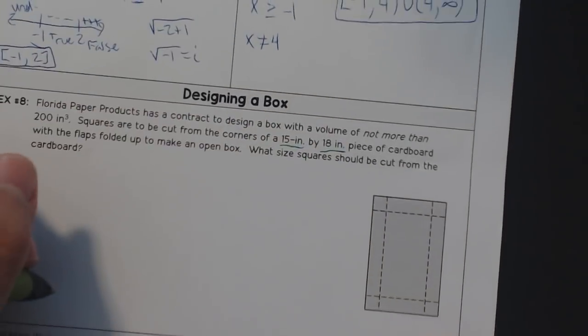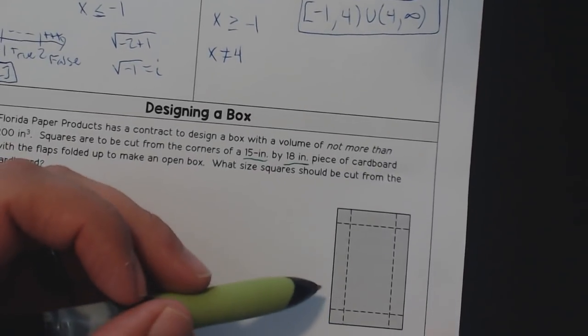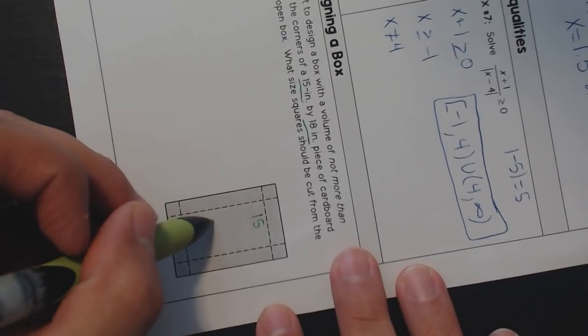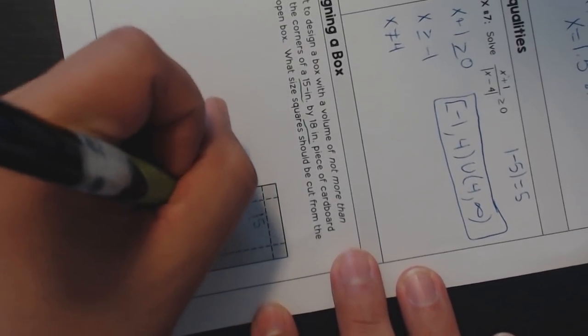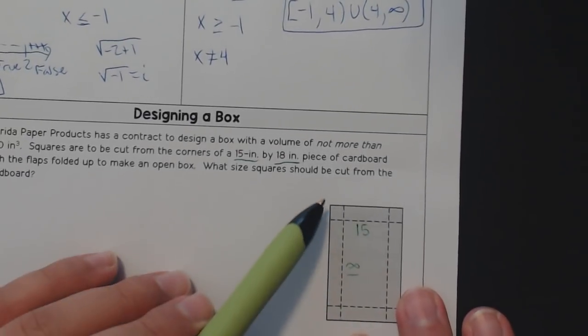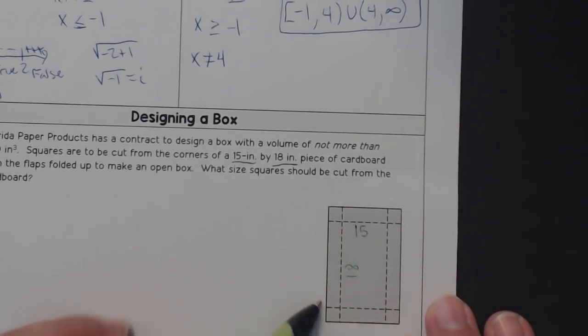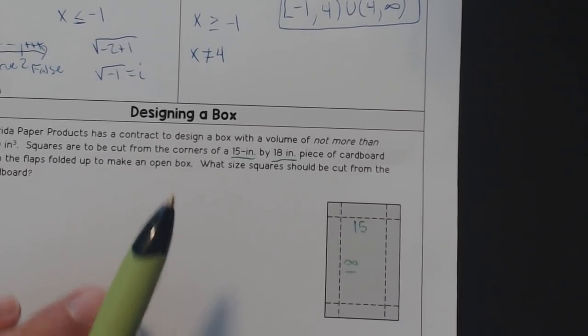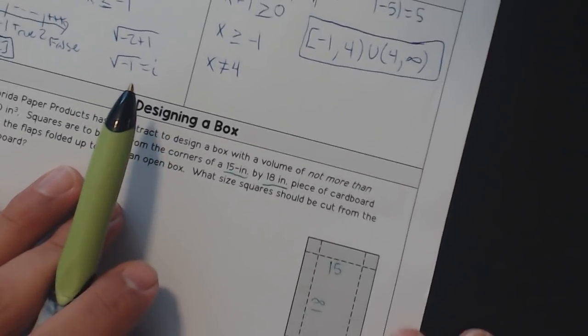So really our 15 inches is here, and our 18 inches are here. But we have to include these corners. These are corners that are being cut, but we have to first understand how much of it is being cut.